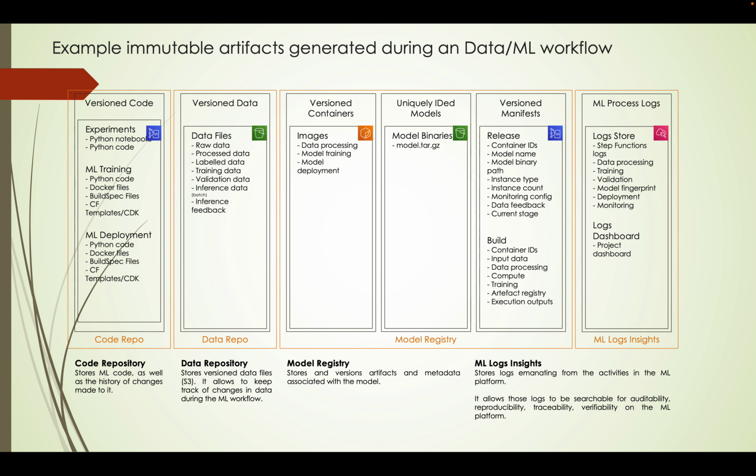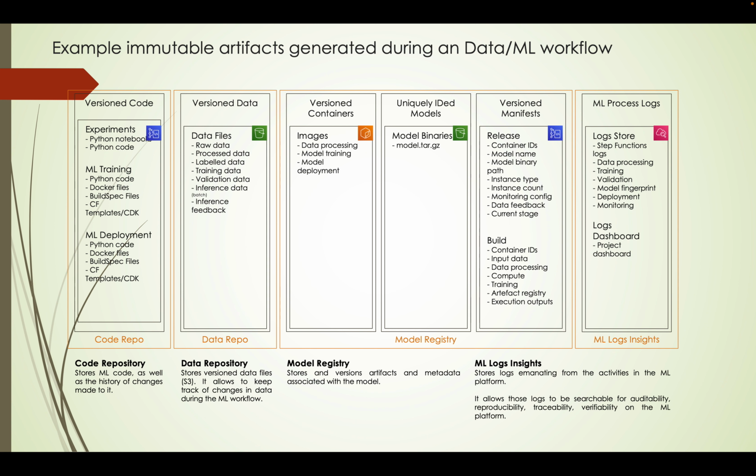You can pretty much relate this data automation and MLOps pipeline to the standard DevOps pipeline. So there is a code repo where you check in your code. It could be Python notebooks, Docker files or CloudFormation templates. Then there is the data repository, which is your S3, where you keep all your data.